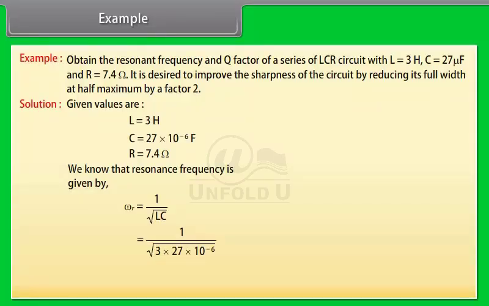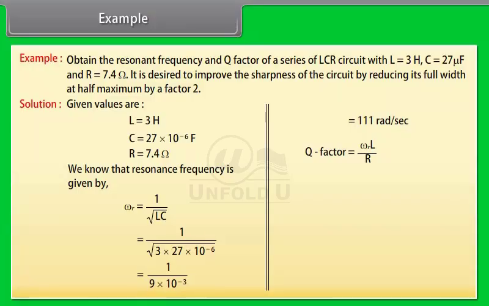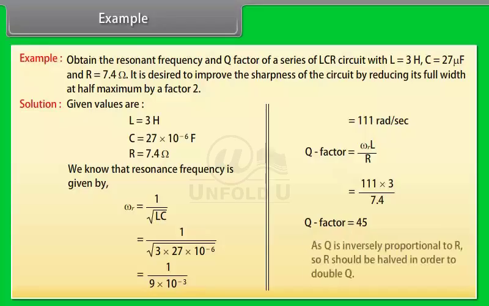Now, putting the values, we get resonance frequency equal to 111 radian per second. Q factor is equal to omega naught L upon R. Putting the values, we get Q factor equal to 45. As Q is inversely proportional to R, so R should be halved in order to double Q.